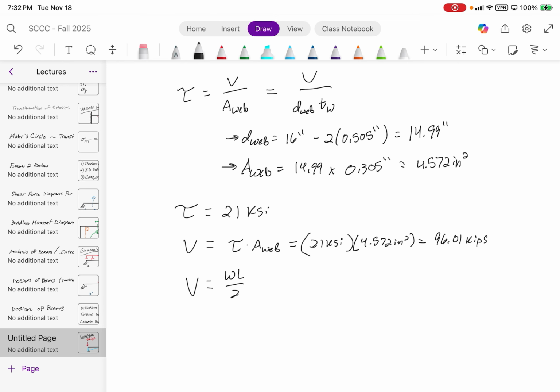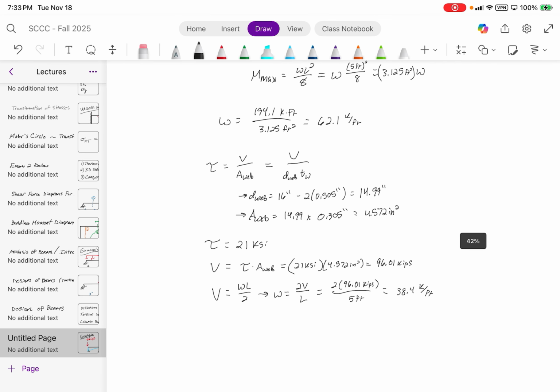You guys see that? So we can now rewrite this to just be 2V over L. So 2 times 96.01 kips divided by 5 feet, which gives us 38.4 kips per foot.